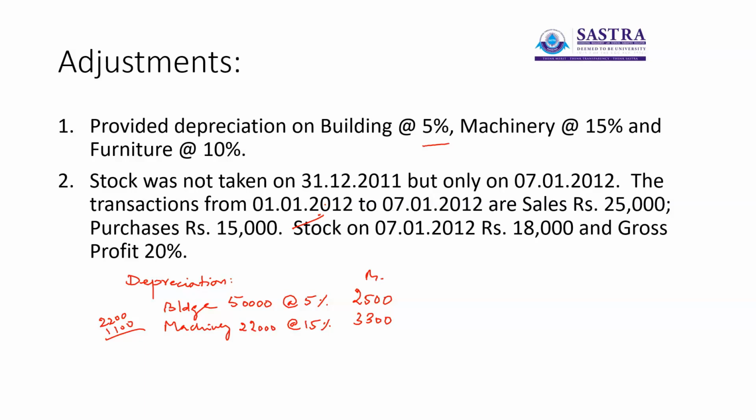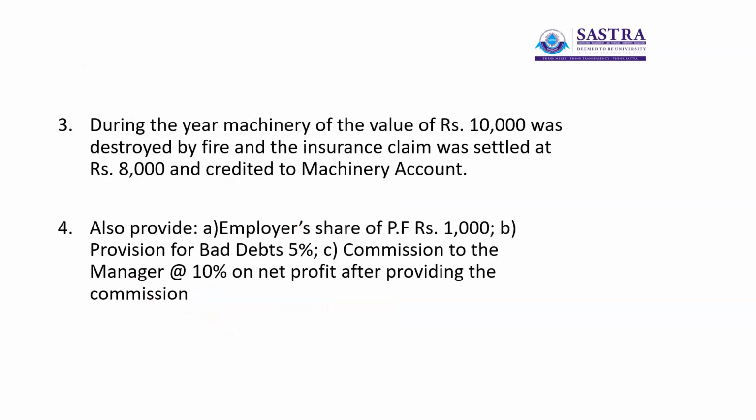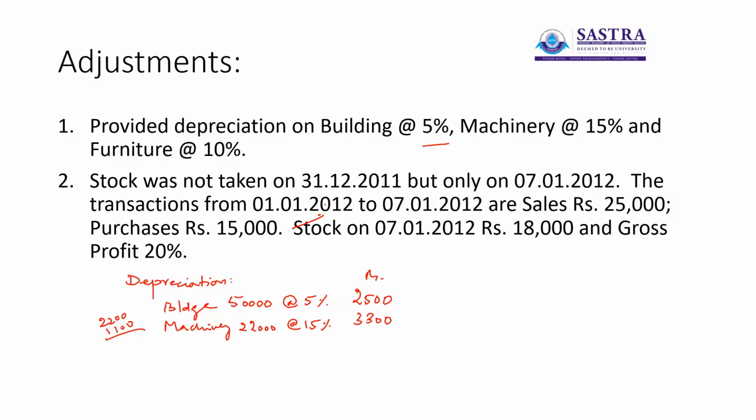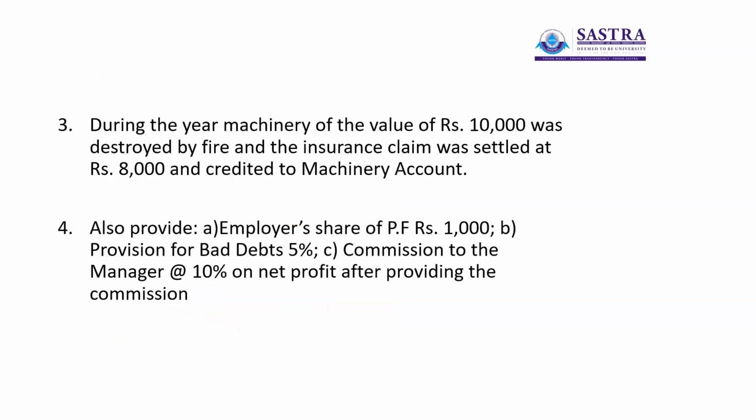Any machinery related adjustment is there during the year. Machinery was destroyed by fire, and 2,000 was loss. So if that adjustment is given, there is a loss of 2,000. So 10,000 rupees machinery got damaged and insurance company settled only 8,000. That means 10,000 minus 8,000, there is a loss of 2,000.